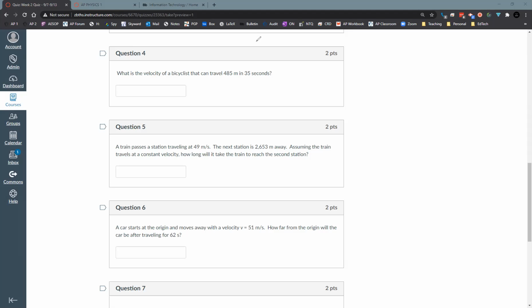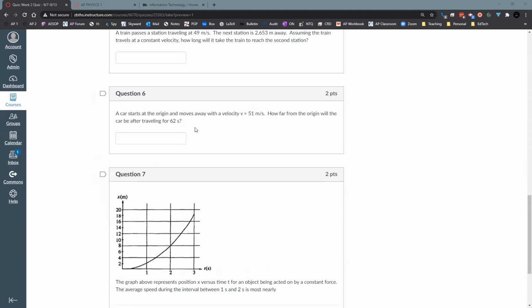All right, question 6. A car starts at the origin and moves with a velocity of 51 meters per second, sorry. How far from the origin will the car be after traveling for 62 seconds? Again, the origin just means how far from your starting position. It doesn't mean anything important. Again, your numbers may vary. They are random.